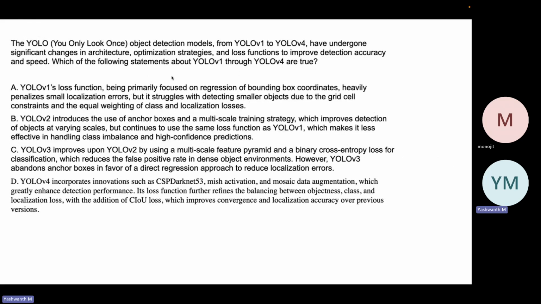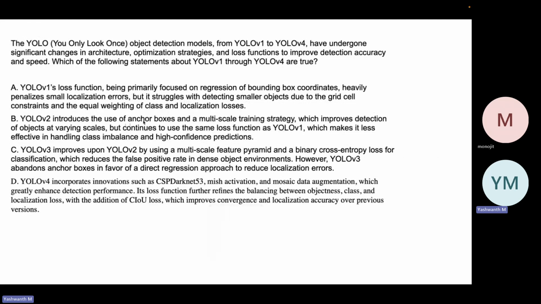YOLO version 1's loss function, being primarily focused on regression of bounding box coordinates, heavily penalizes small localization errors, but it struggles detecting small objects due to grid cell constraints and equal weighting of class and localization losses. I haven't read the YOLO paper, so I can't answer this one. One needs to know all these versions in technical detail. But you can browse through these options and see.